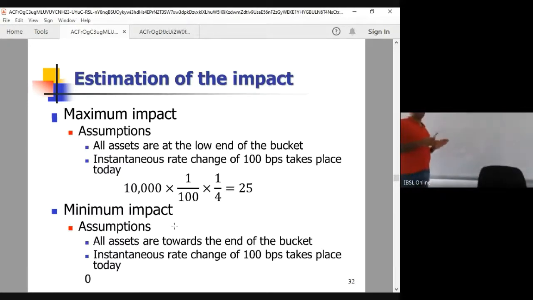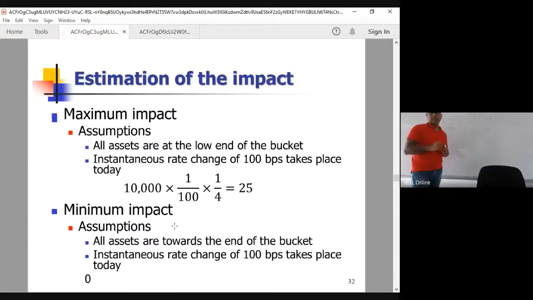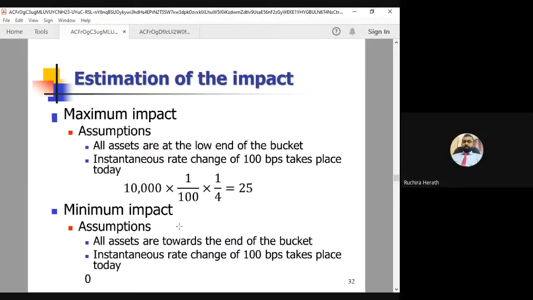So that's why they go down to basis points. If you hear somebody say interest rates have gone up by 25 basis points, it's 0.25% basically. 50 basis points is 0.5%. 100 basis points is 1%. This represents 100 basis points. Is that clear, Ruchir? Yes, sir.